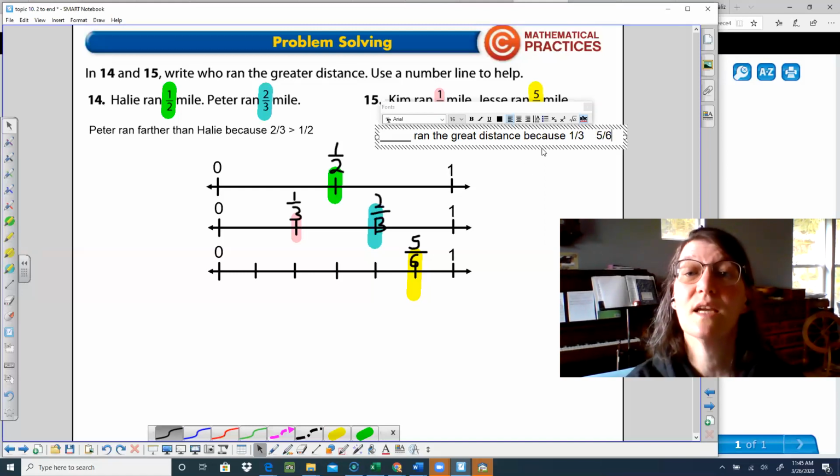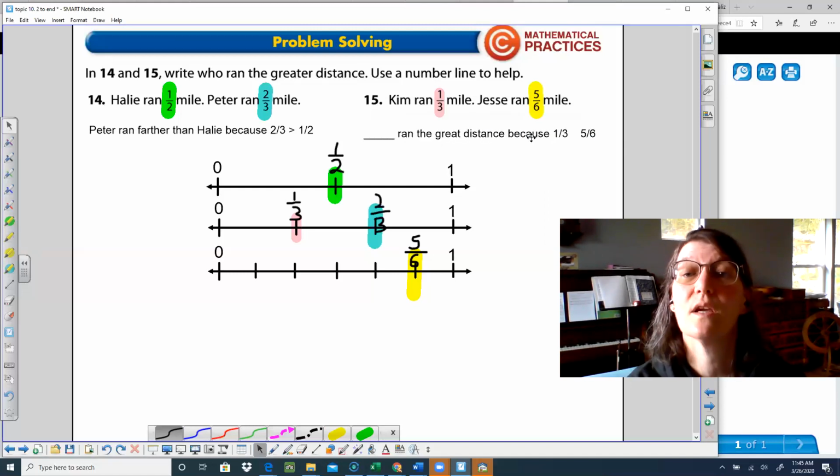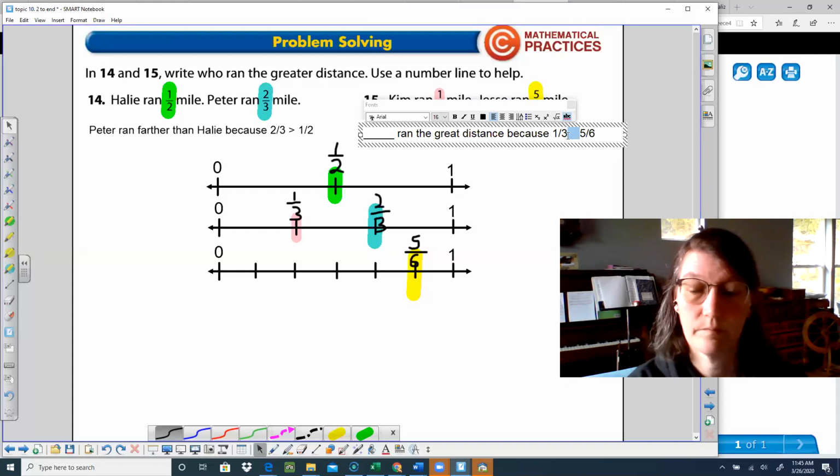Okay, I left some blanks. I'm hoping you will fill in the blanks. Maybe I'll do a blank there.